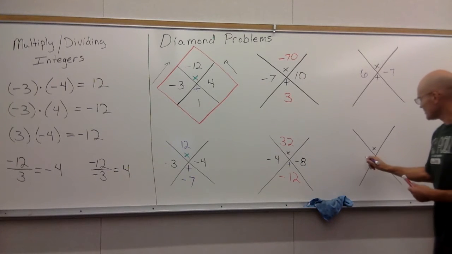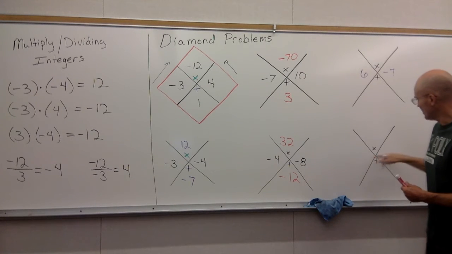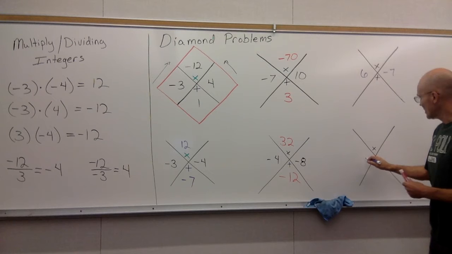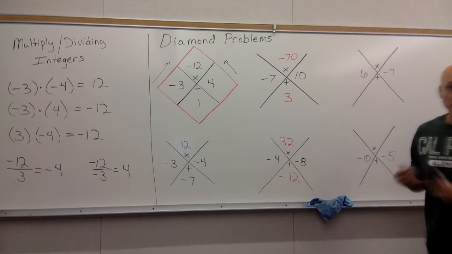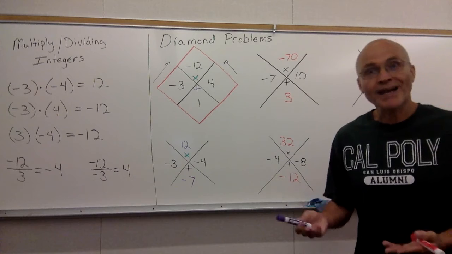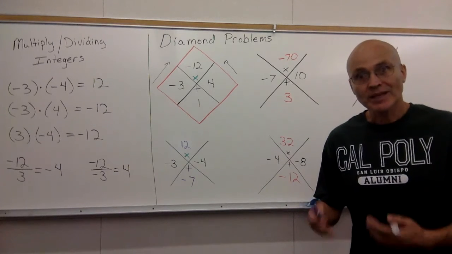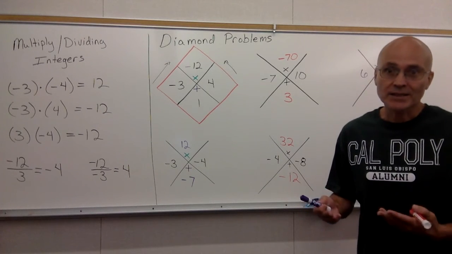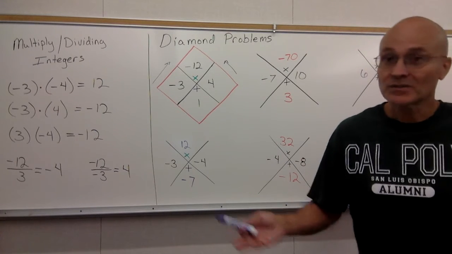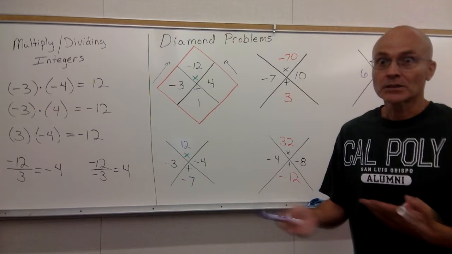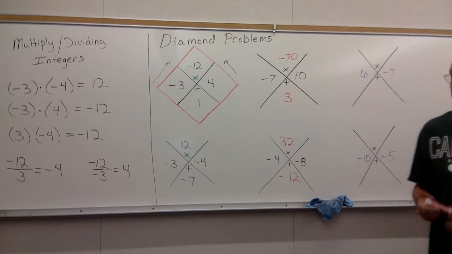And so let's make up two more numbers. Let's make up negative 10 and negative 5. And now you guys are making up your own diamond problems and you're practicing. Practice makes perfect. If you guys practice, you will feel smart. And then you can help your other friends in your classroom understand how to do these diamond problems.